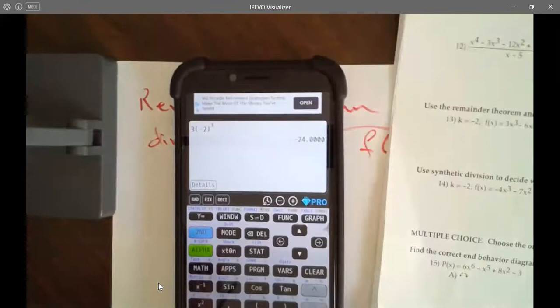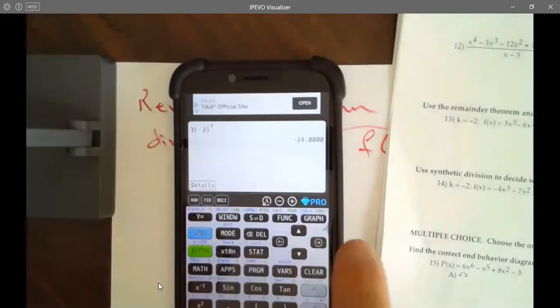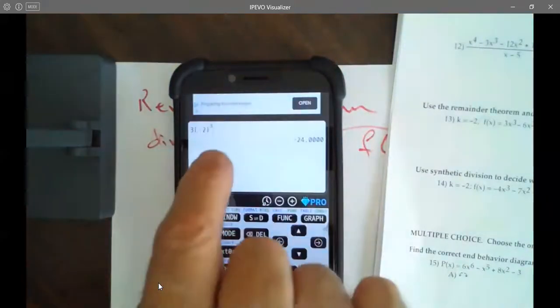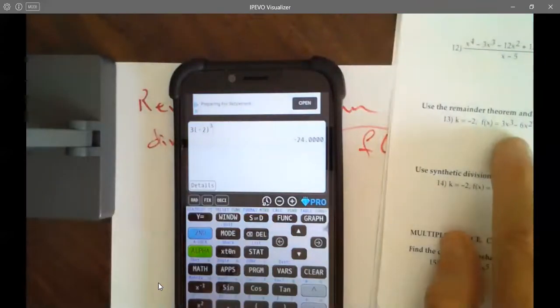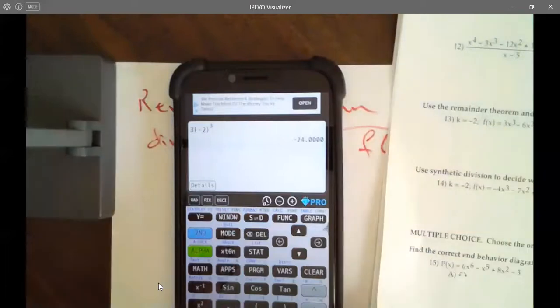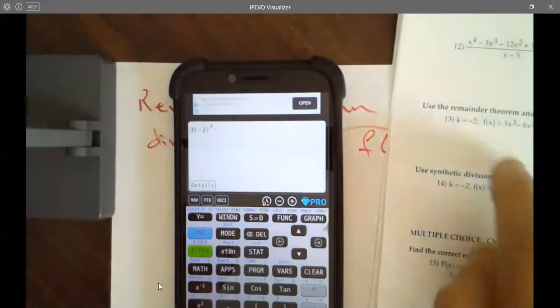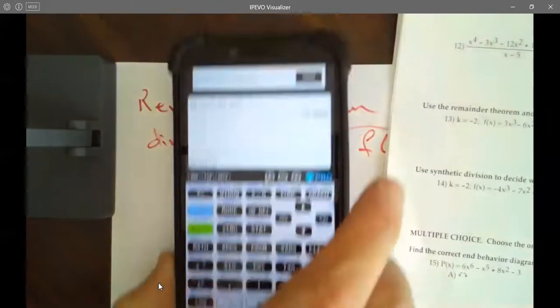You have to make sure that you get out of that exponent, so you have to hit the right arrow. And you see now the cursor's gotten bigger. So you hit that right arrow to get out of the exponent. And then minus 6, and then open parentheses, -2, close parentheses, squared, hit the square button.